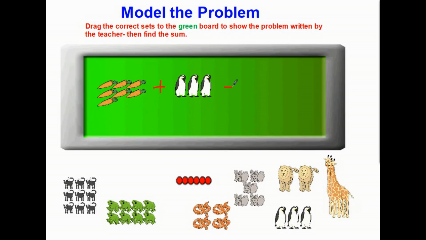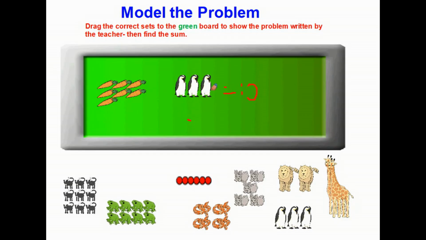How many are they in total? Here you have 7 carrots and 3 penguins. By counting you can get the answer. Yes, 7 plus 3: 7, 8, 9, 10. The answer is 10 in total. Okay, 7, 3, 10. Clear? Excellent.